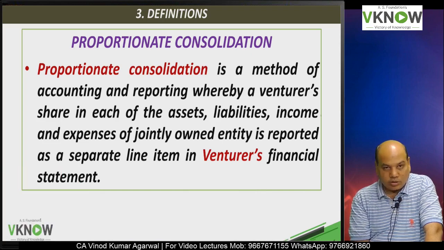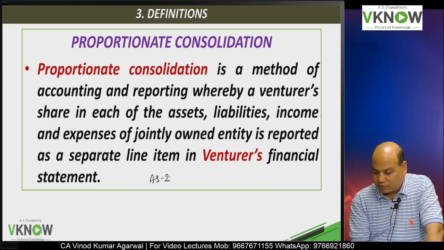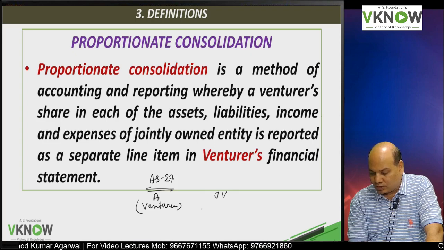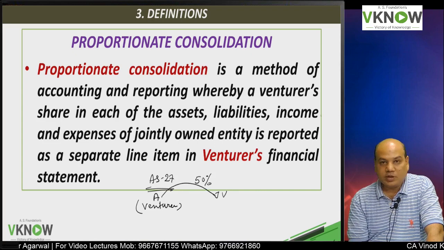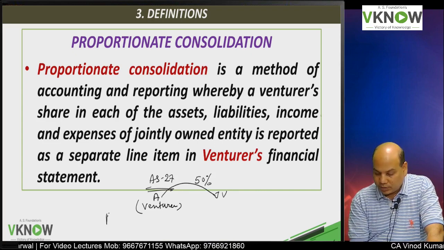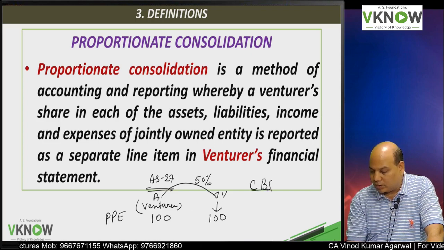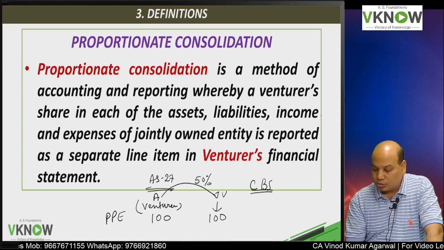Now we are talking about AS27. In AS27, suppose this is A, the venturer, and this is the joint venture. A is holding, let us say, 50% share in the joint venture. PPE of A is 100. PPE of the joint venture is also 100, but in the consolidated balance sheet I will not write 200.